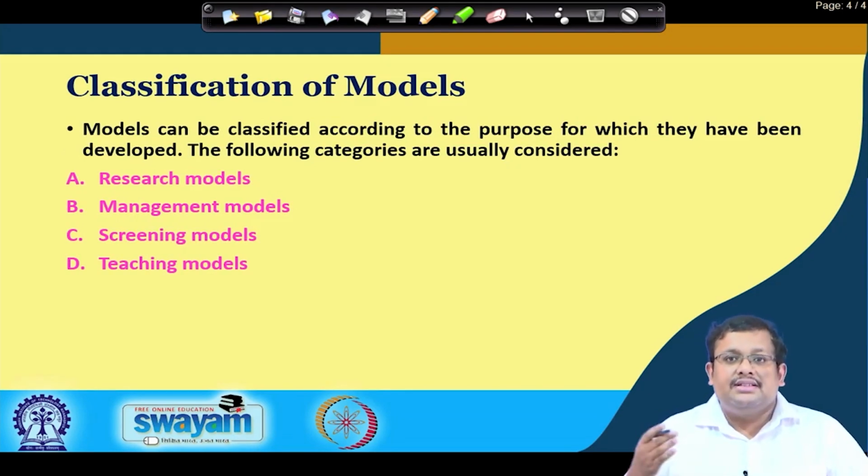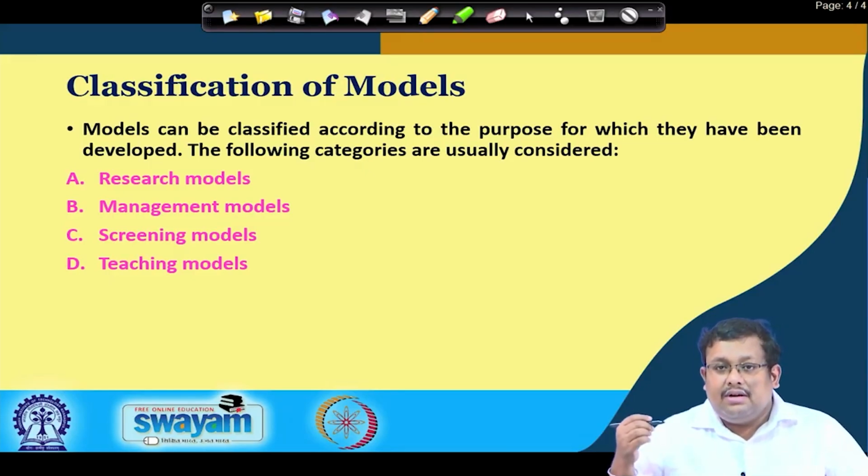One is research model, another is management model, screening models and teaching models, and each of them have their own function. Remember the research model is the most complex, followed by management models, then screening model and teaching model. Teaching models are generally used for teaching the students, whereas the research models are used with strict assumptions and with accurate measurement of different parameters and inputs.